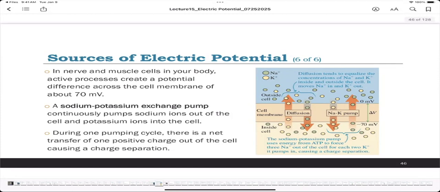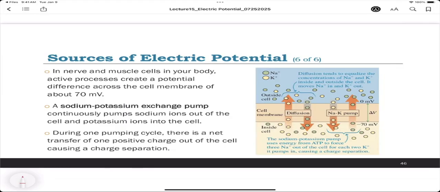During one pump cycle, there is a net transfer of one positive charge out of the cell, causing a charge separation. This is why our body has a potential difference across all the cell membranes, because of the sodium-potassium exchange pump.